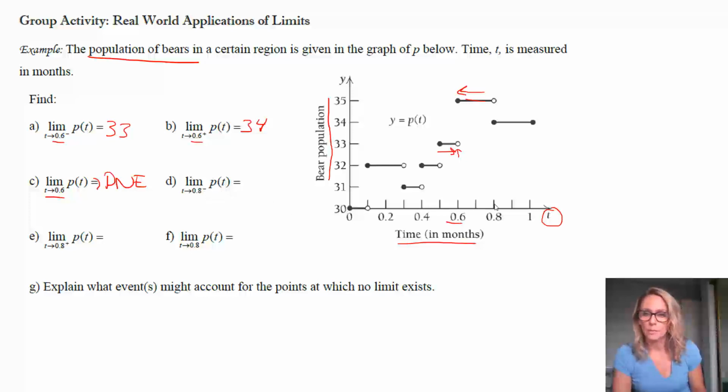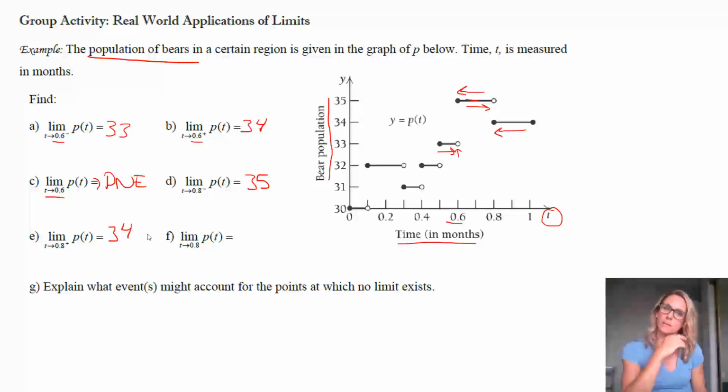We'll take a look similarly at 0.8. Coming in on the left at 0.8 for D, it looks like we actually have 35 coming in on the left there. And then coming in on the right, we can see just 34.